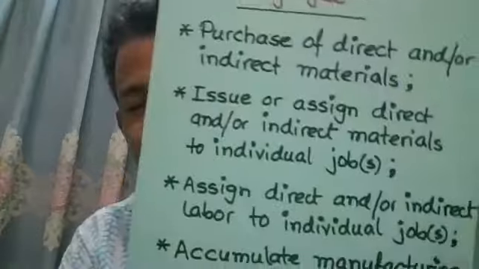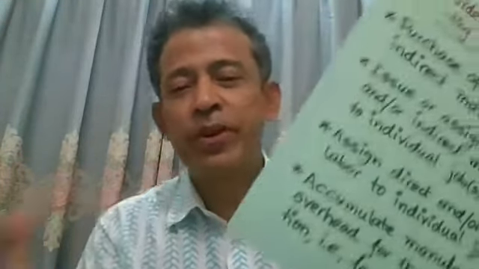Then apply the right, proportionate amount of overhead to particular jobs. See, in the step before, we did accumulation, and now we're going to apply the appropriate amount of overhead to a particular job. And record non-manufacturing costs, then transfer work in process to finished goods.